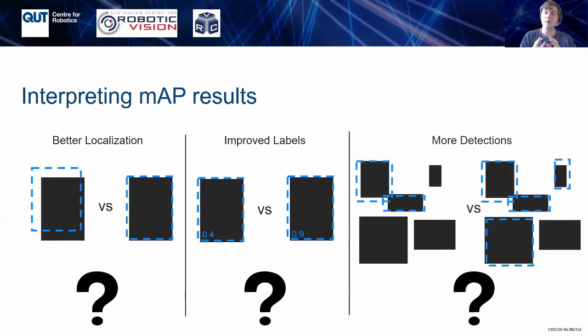Now, one of the things that's really good about COCO's implementation of mAP is that through the multiple IOU thresholds, we can get something of an idea as to whether or not we are better at all levels of localization or just good at very basic localization. We can also get, with mean average recall, a sense of whether or not we are detecting more objects overall.